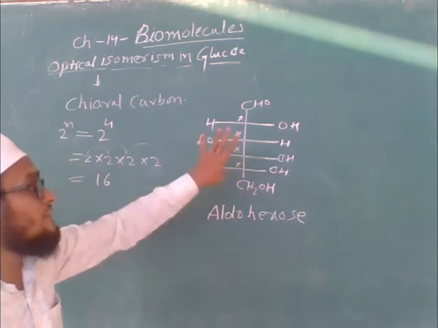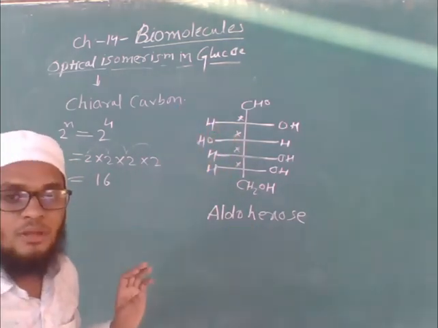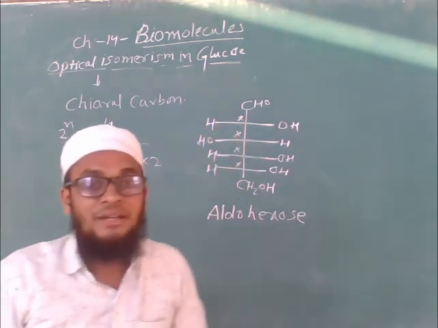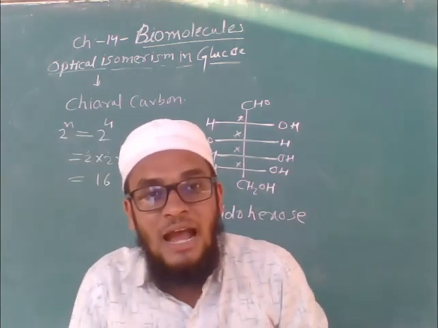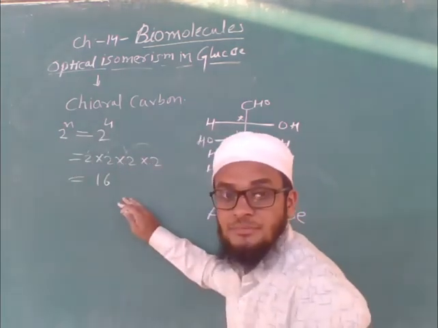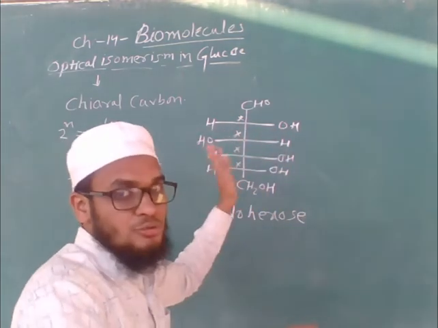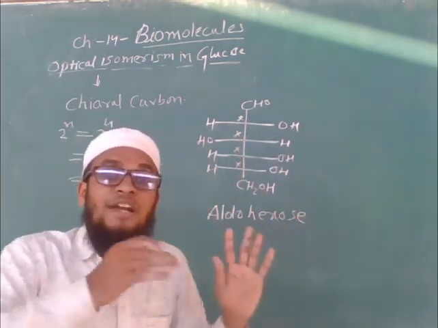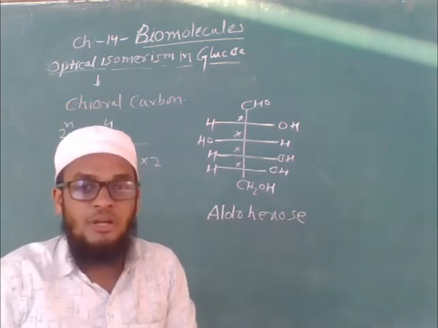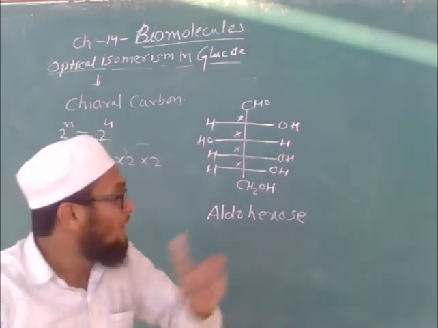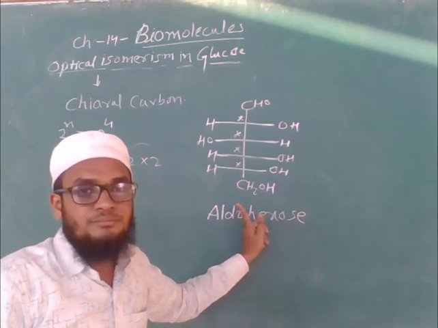Now aldohexose has 4 chiral carbons, so how many stereoisomers will it have? It has 16. So if you go on rearranging these OH towards right or towards left, we'll get 16 stereoisomers. So one of those 16 is this glucose molecule.